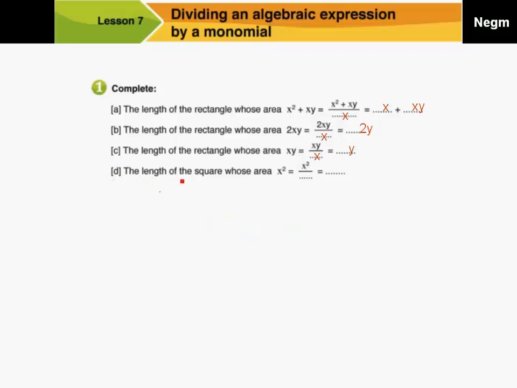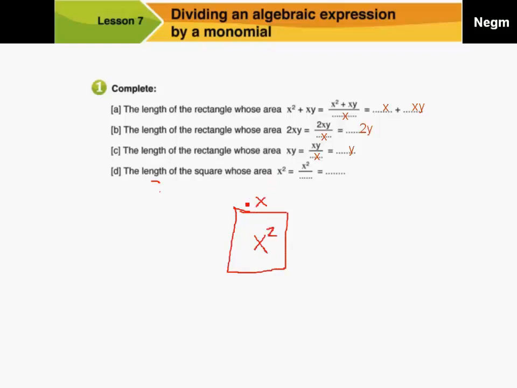Number D, he asked for the length of the square whose area is x squared. Here we have to draw a square. We know the four sides of the square are equal. The area of the square is x squared.